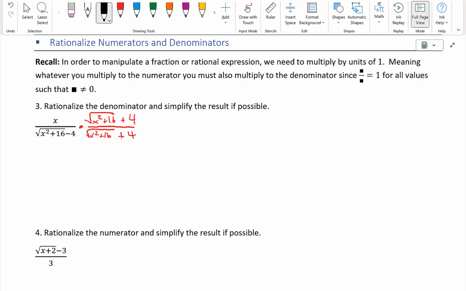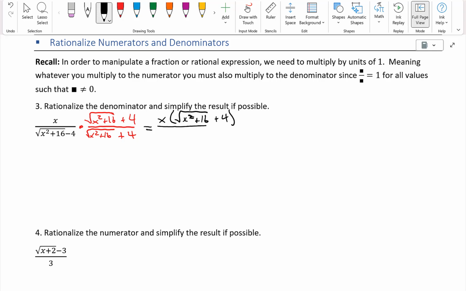The important part for a lot of these is not to try and distribute or multiply out that numerator, or whichever one we're not trying to rationalize. Right, the one that our goal is to rationalize is the one we're going to do that difference of squares with, but the other one we want to leave factored out so we can see if we can simplify further. So we just write it as an x times the whole numerator here, the square root of x squared plus 16 plus 4.